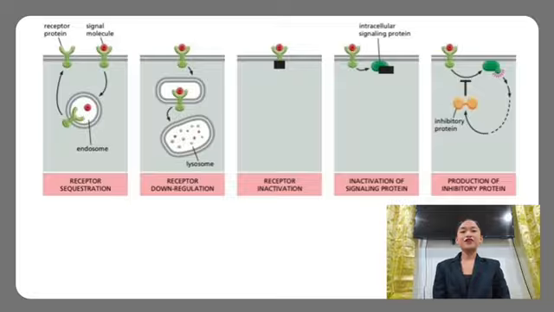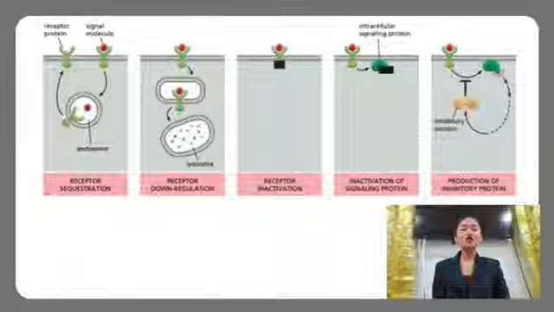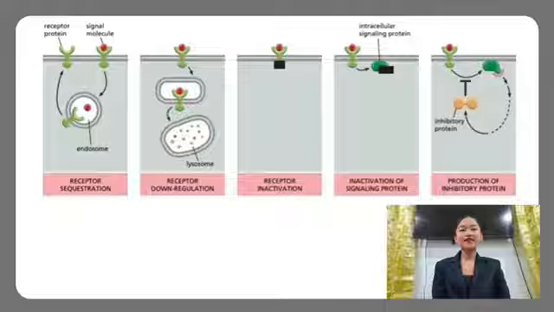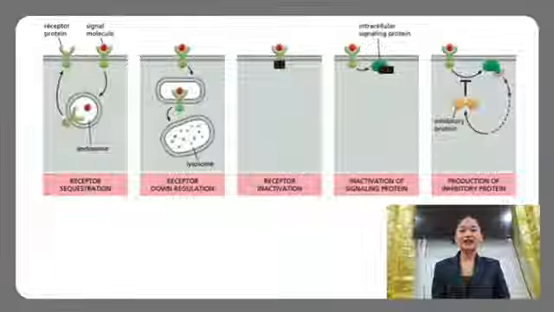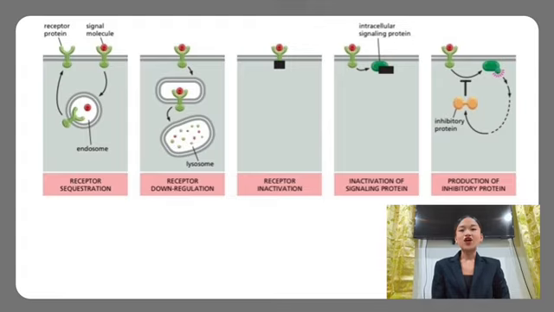Third, receptor inactivation. Here, the receptors remain on the cell surface, but they are chemically modified, such as by phosphorylation or methylation, making them inactive even if the signal molecule is present. Fourth, inactivation of signaling protein. This occurs inside the cell, where the signaling proteins are deactivated, stopping the transmission of the signal.